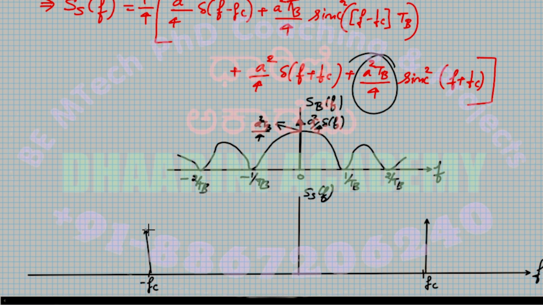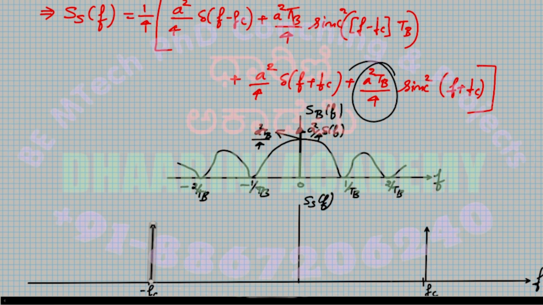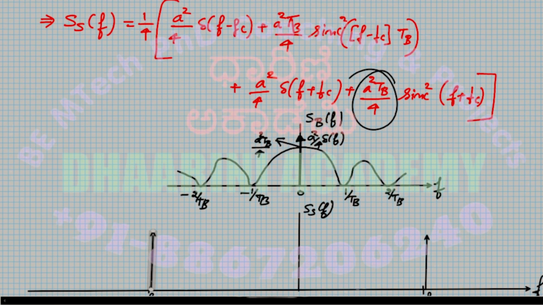Can you tell me? Look at the equation of SS of f. Okay, now check this. What is the amplitude of the delta function? It is A square by 16, isn't it?